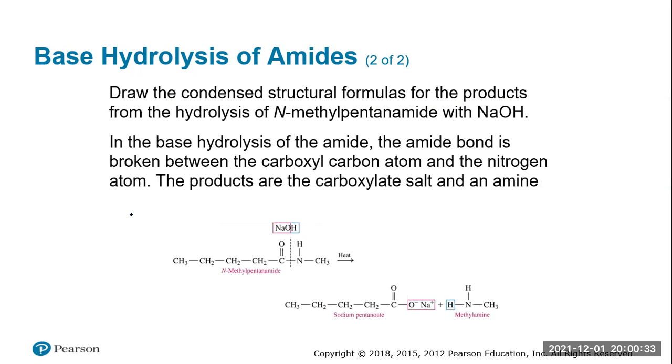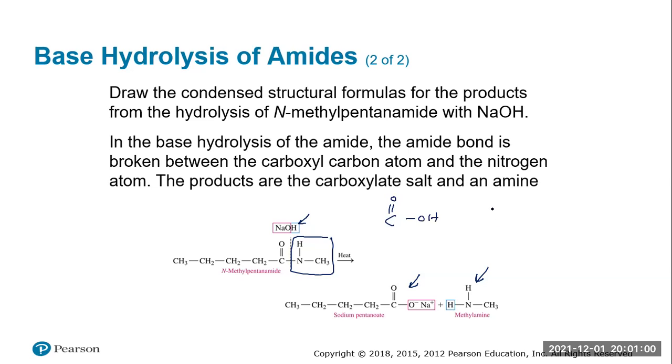So here again, this is the base hydrolysis. In the base hydrolysis, we're going to get the base part back, which means this guy is going to take the hydrogen and be completed. And once again, we are left with the carboxylic acid salt, which is the oxygen connecting in. It's not the sodium connecting in here, it's the oxygen connecting in, because remember, a carboxylic acid looks like this.